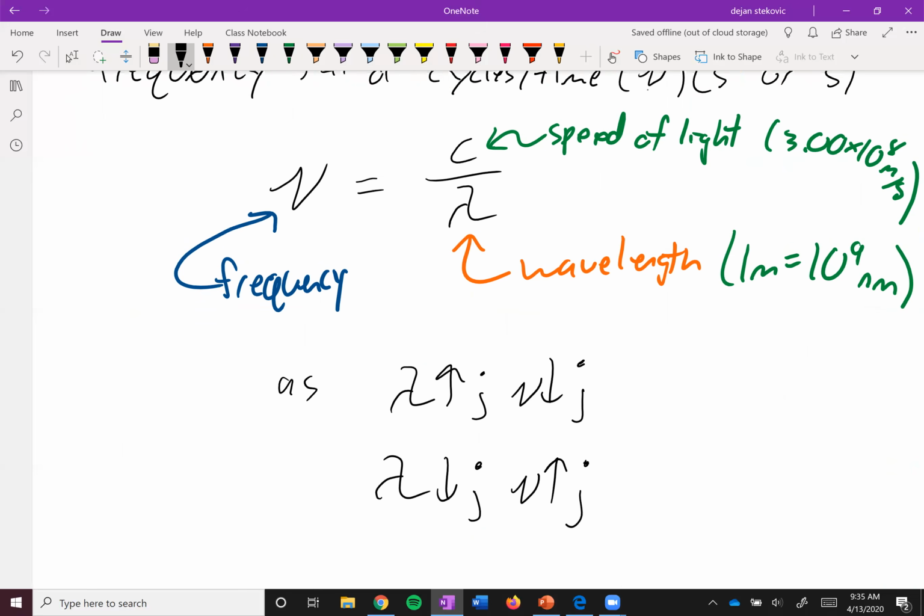As wavelength increases, energy decreases, and as wavelength decreases, energy increases, right? So you can see that frequency and energy are directly correlated, while frequency and energy are inversely proportional to wavelength.